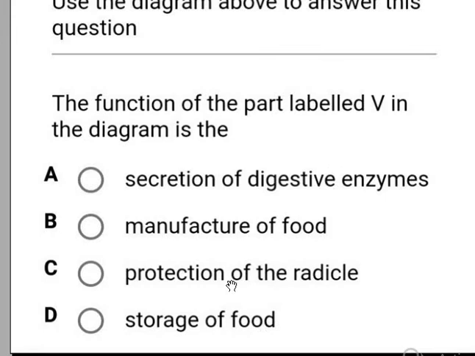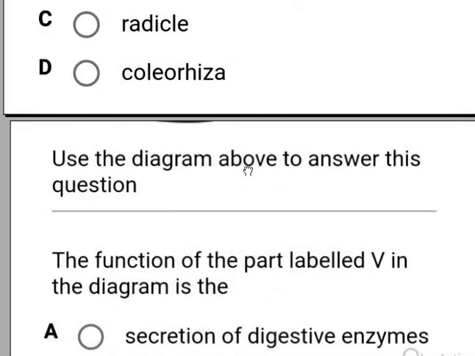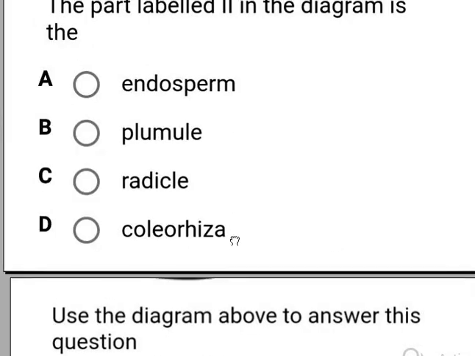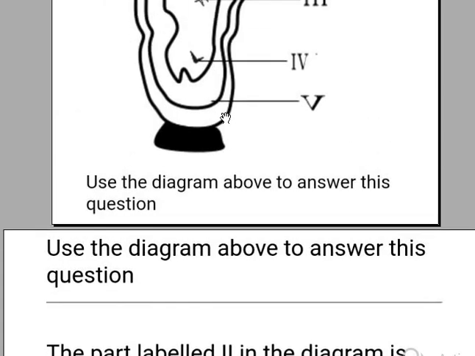So Roman 5 is protection of the radicle. Actually, let's go back to the diagram to see what is happening. So this is Roman 5, which is protection of the radicle. Also this radicle, so it is the protection of it. So moving to the next question.